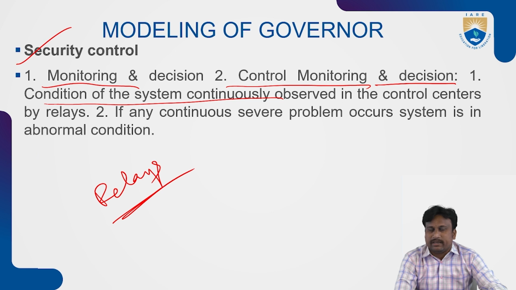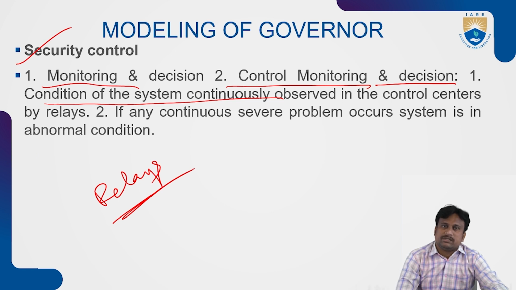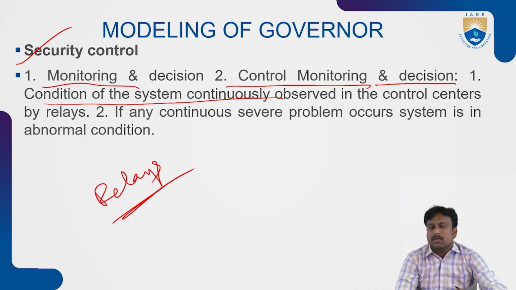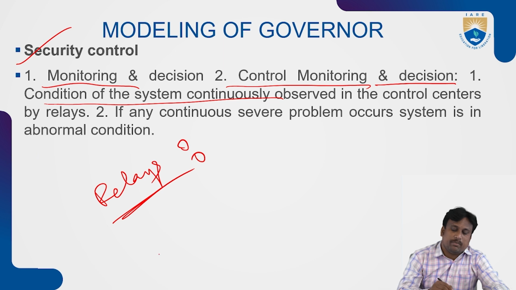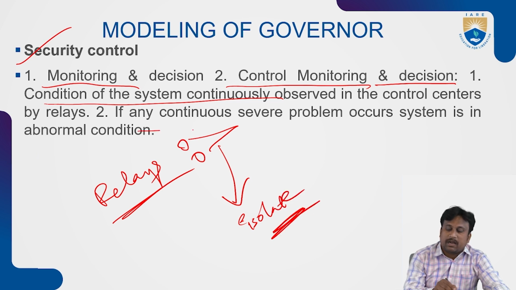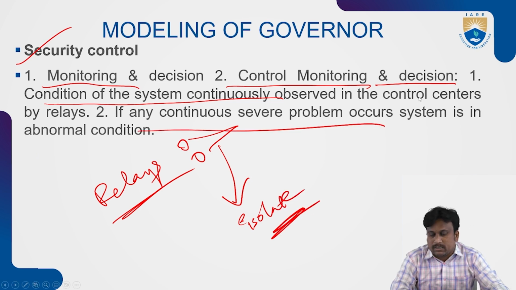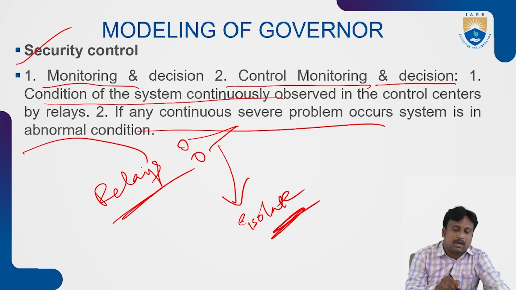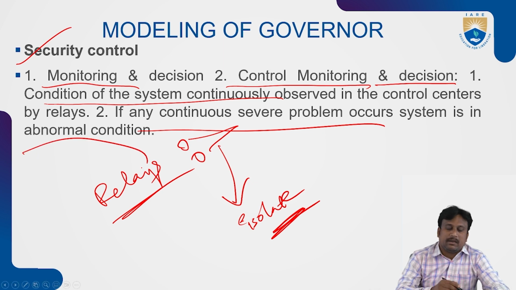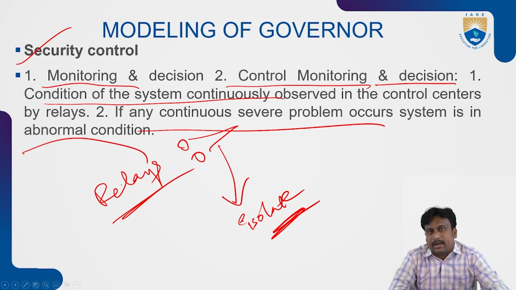That means if any excessive currents or short circuits happen in the circuits, the relay will immediately open its switch. This switch can isolate the path. If any continuous severe problems occur in the system under abnormal conditions, the relays will act immediately.